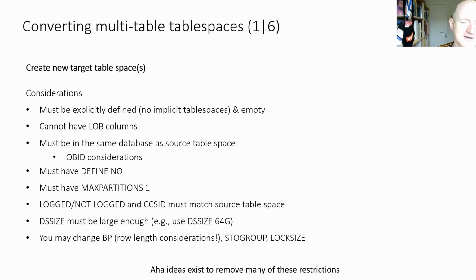They affect some customers. I think there was one for supporting implicit table spaces, one for lifting the LOB restriction, and also one for moving outside the database. So if some of these affect you, go find the AHA idea and vote for them, so IBM knows that you're interested.